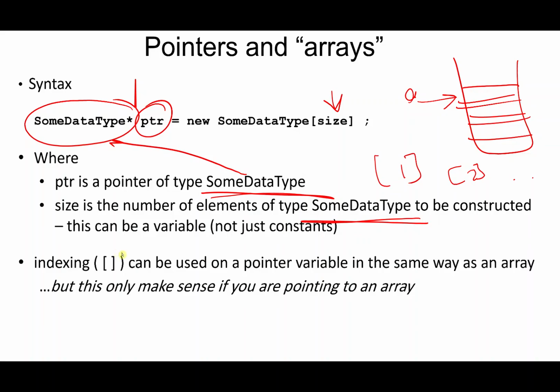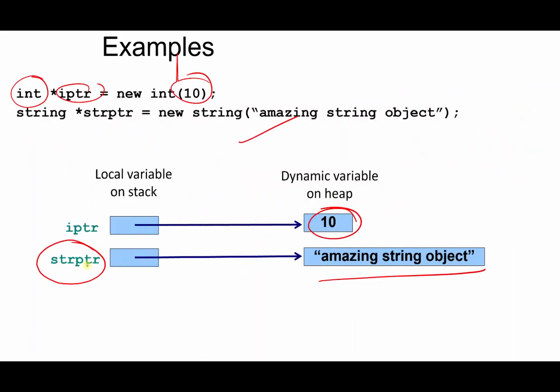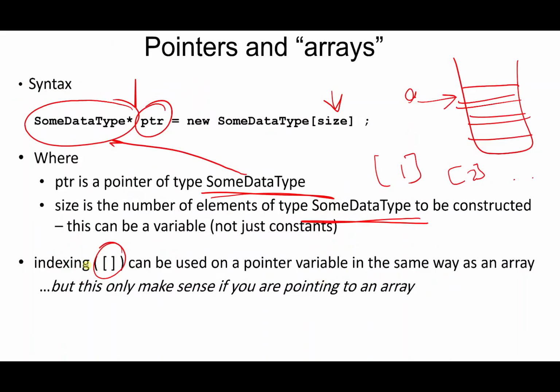And you can still use indexing on a pointer, the same way you use it with an array. But this only makes sense if you're pointing to an array, not if you're doing something like this. It has to have those square brackets, right?